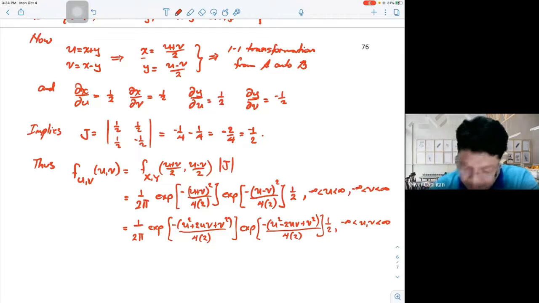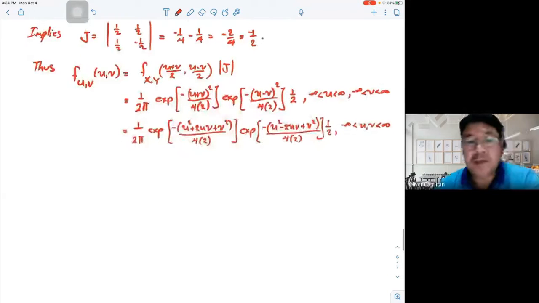Okay, so simplifying. We have the exponential function, and we can have the exponential of the sum of this. If we distribute the negative, from our expression in the exponential function, we have negative u square, negative 2uv, minus v square.